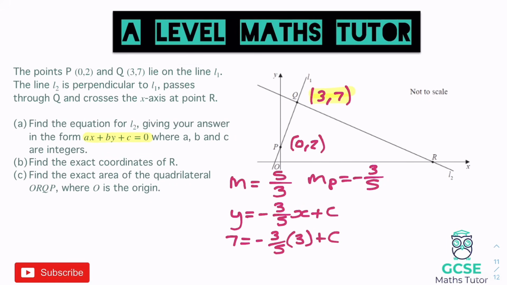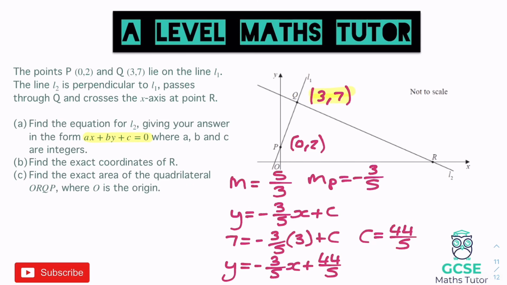So I'm going to skip a step here. I'm just going to do 7 plus 9/5, and that gives us 44 over 5. Or in other words, c is 44 over 5, and then we can write our equation, which is going to be y equals minus 3/5 x plus 44 over 5. So there's the equation of line L2.